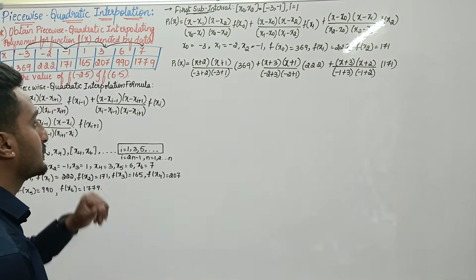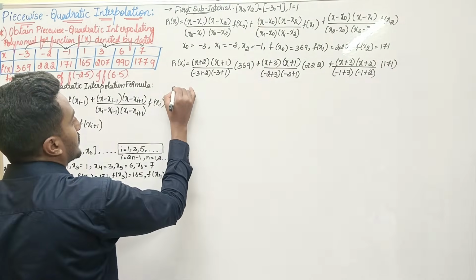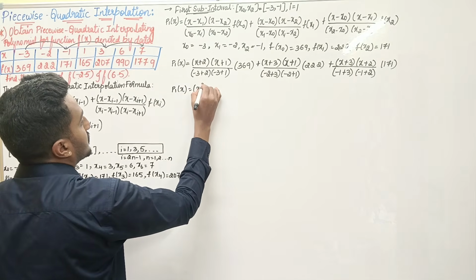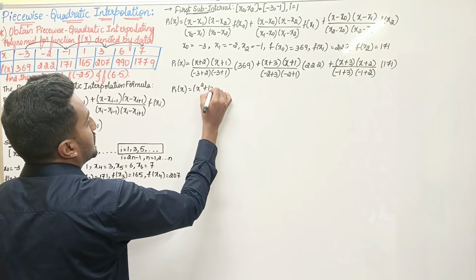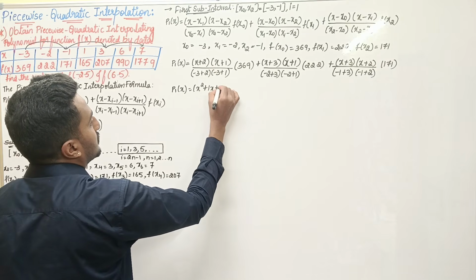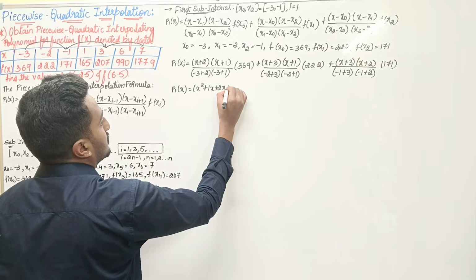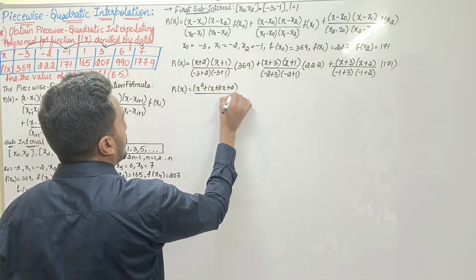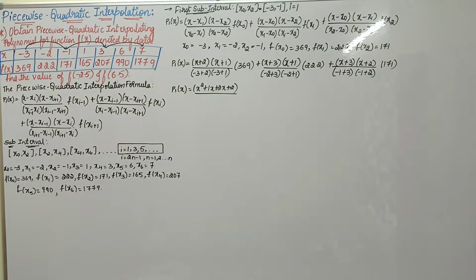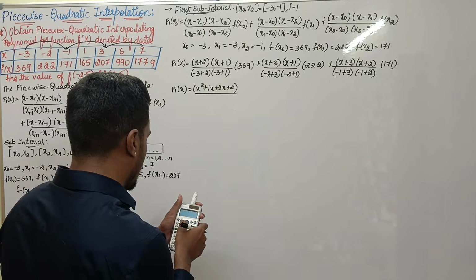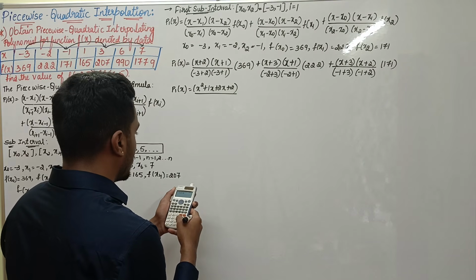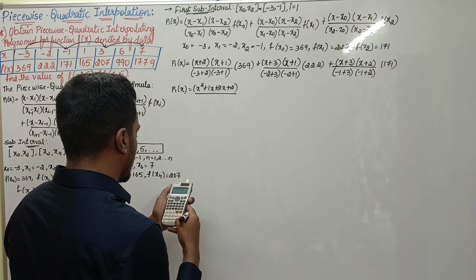After this, let us simplify p1 of x, which is equal to x into x, x square, x into 1, 1x, 2 into x, 2x, 1 into 2, 2. Now, whole divided by, let us use the calculator for the simplification, that is (-3 plus 2) into (-3 plus 1).